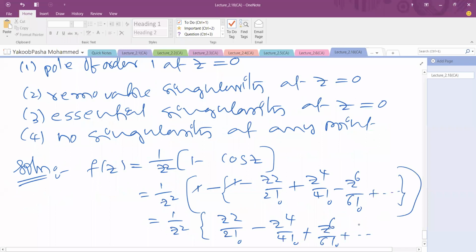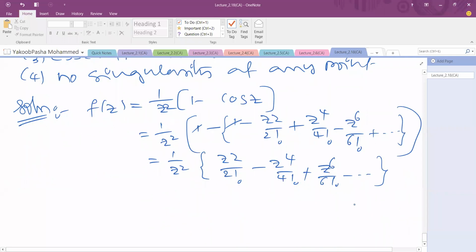I'm multiplying here by minus, that's why we are changing the signs. Now multiply with the 1 by z square. So first term 1 by 2 factorial. Second term z square by 4 factorial. And z power 4 by 6 factorial minus and so on.